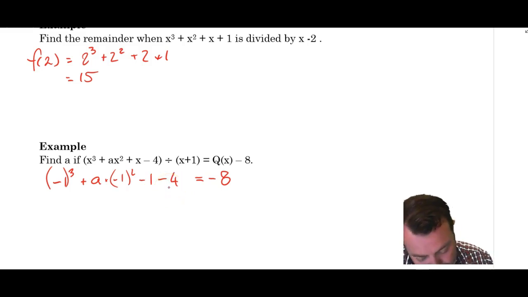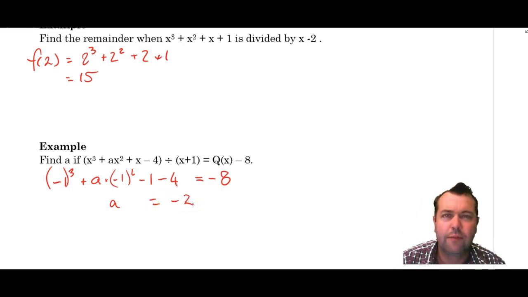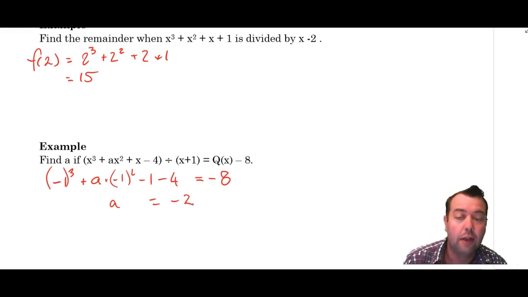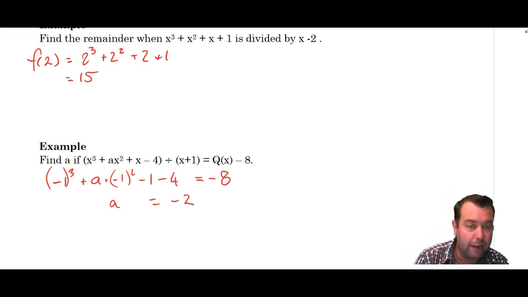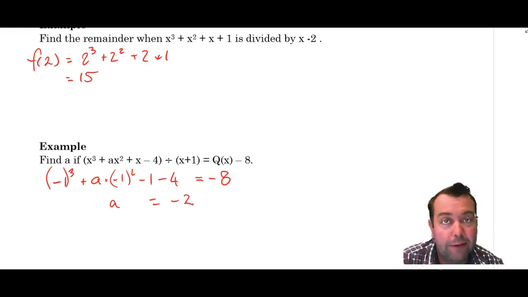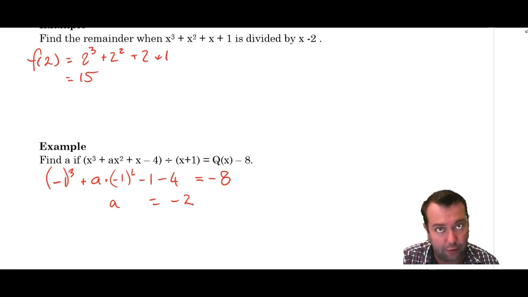I'm going to add 6 to both sides, and a equals minus 2. If you need to pause and work it out more slowly, feel free to. My remainder is minus 8 when I divide by x plus 1, so if I substitute x equals minus 1, I'll get the remainder of minus 8, and in this case that has allowed me to find the coefficient of one of those terms.